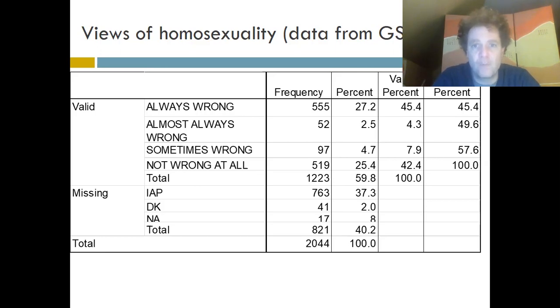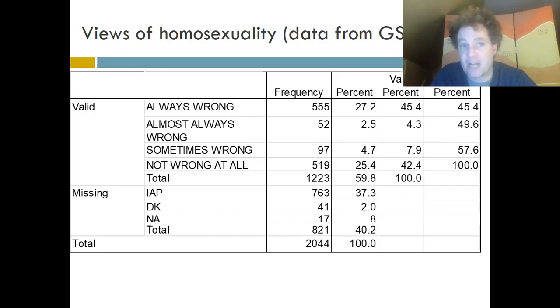The next column we have is a percent column. So this is just a percentage for all the possible answers. This is actually not that useful. The reason why it's not that useful is it's messing us up because it's including all the people who are missing. And so to really understand what the table is telling us, we want to go to the valid percent.